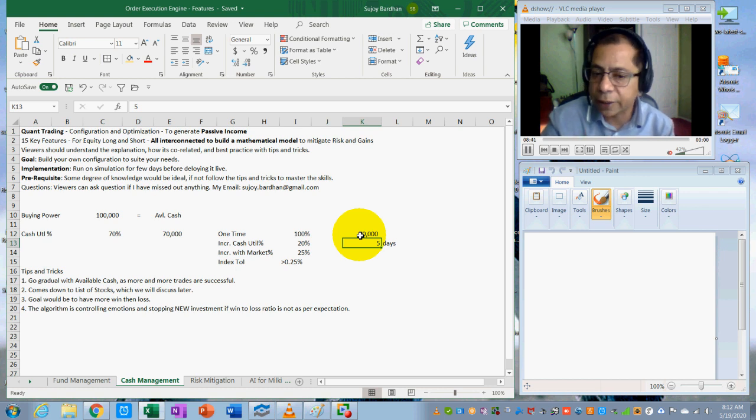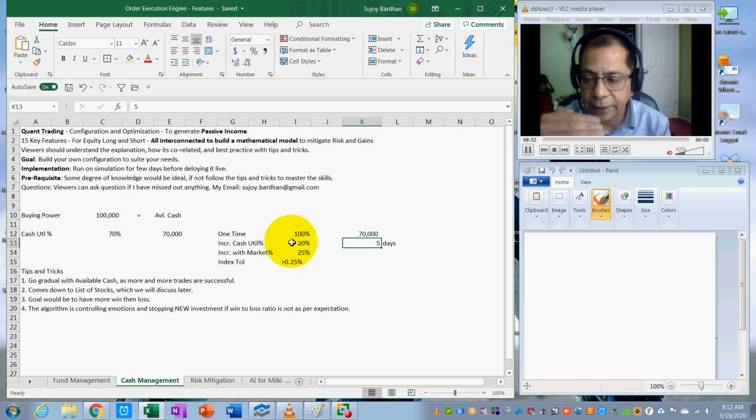So keeping that in mind, even if you have $70,000 cash, you're telling the algorithm that I want to use 20% every day. So it will go on giving you $20,000 every day to get to $70,000.